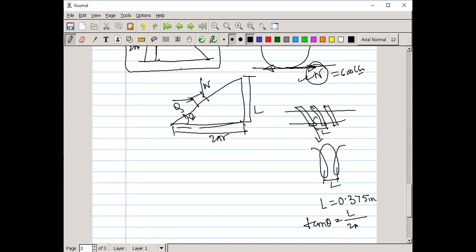So L by 2 pi r. r is given as 1.5 and L is given as 3.75. So we can easily find the theta. Right or wrong? Is it possible to find the theta easily?